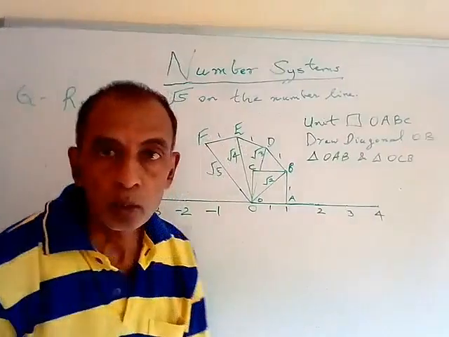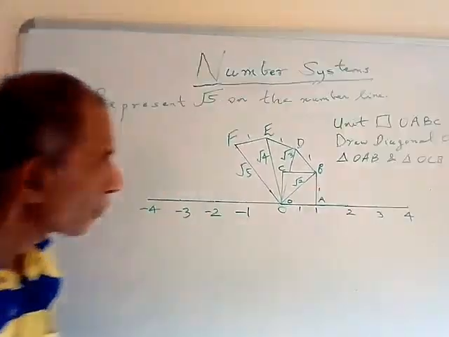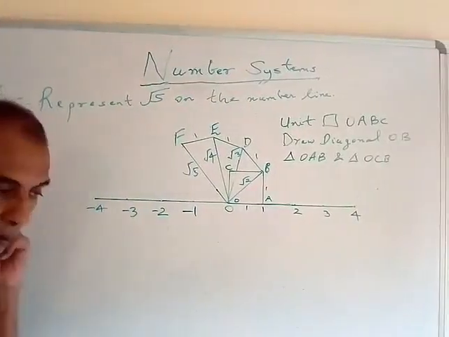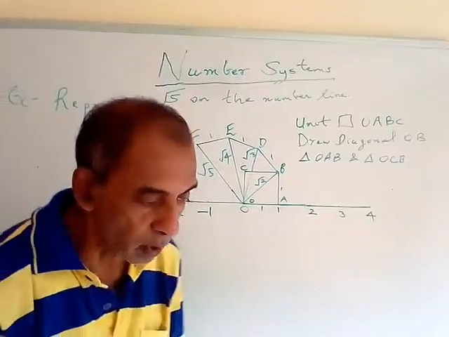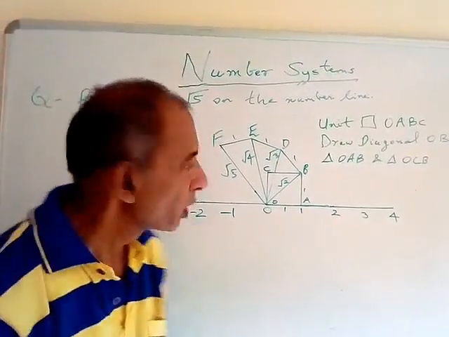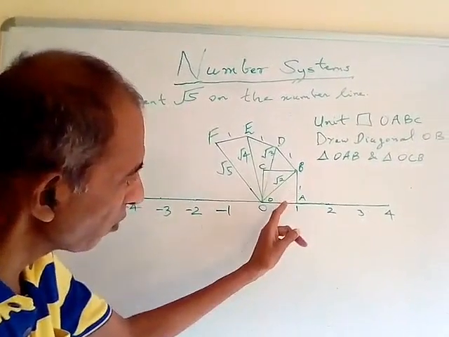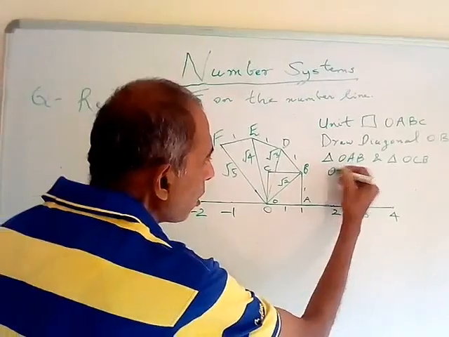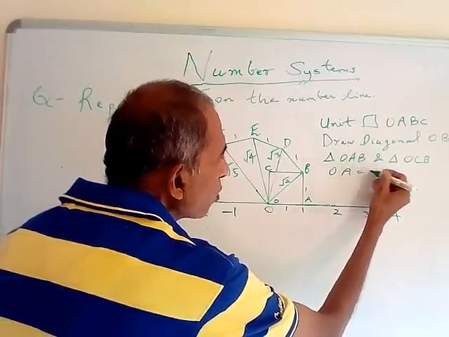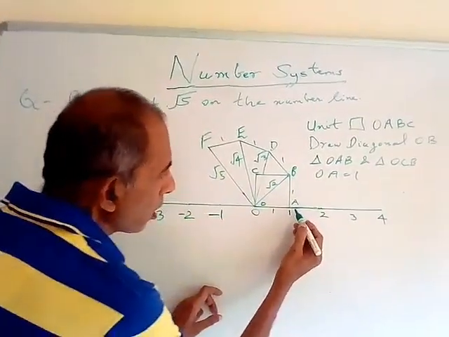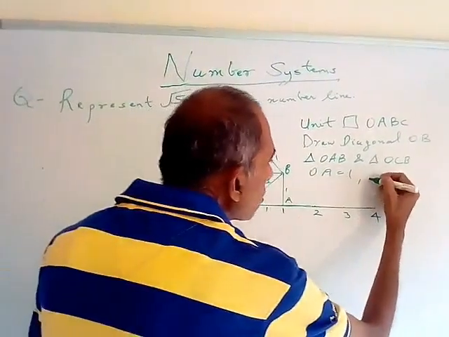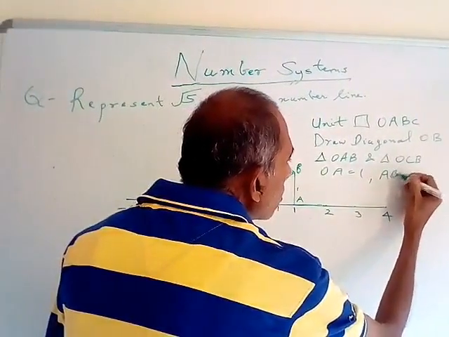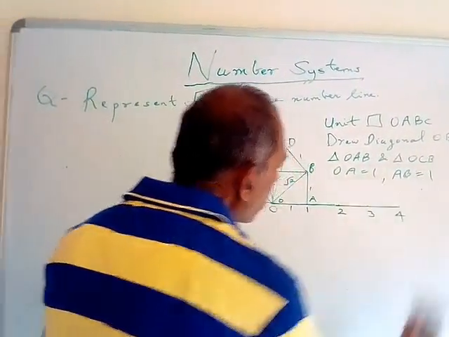These are the 2 triangles which are formed. Now the Pythagoras theorem is involved here. We know OA is equal to 1 unit. Similarly, AB is also equal to 1 unit.